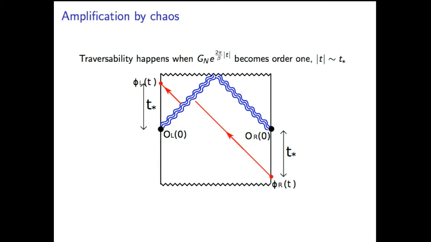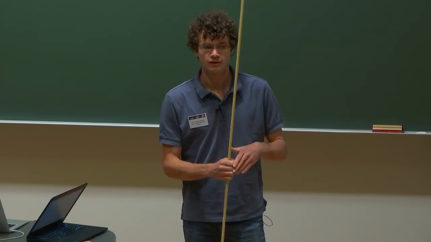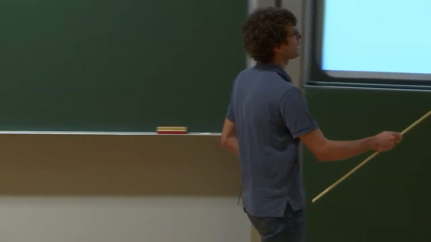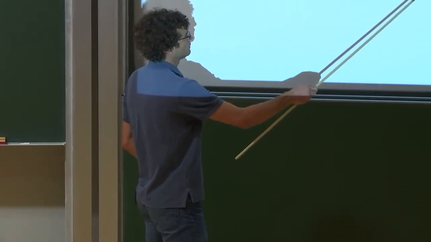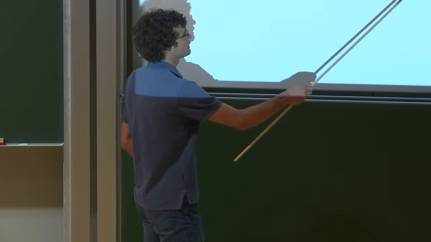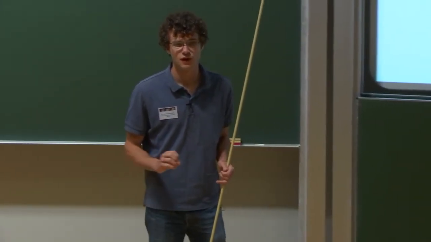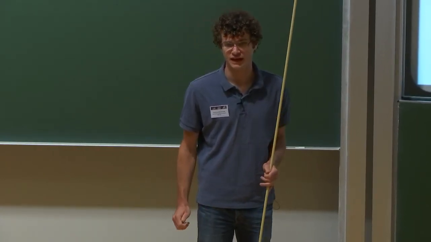So the CFT explanation for why just adding a few quanta like this can have such a big effect is that if we wait for a scrambling time, logarithmic in G Newton, then these few quanta can have an important influence on each other because of the amplification of few particle effects by chaos.